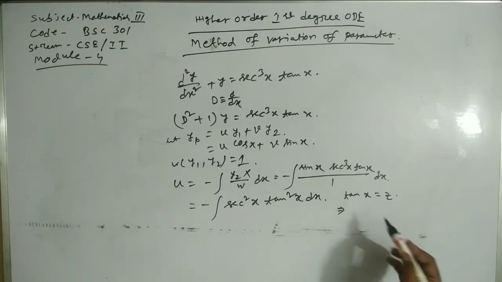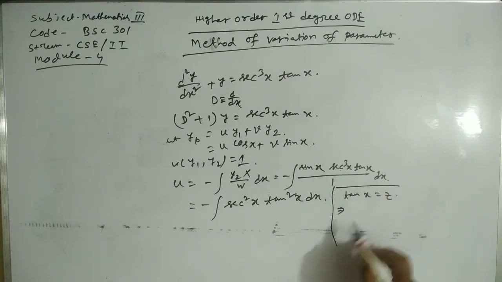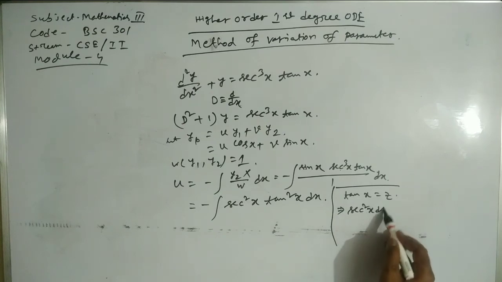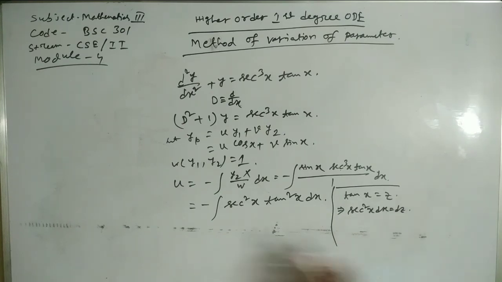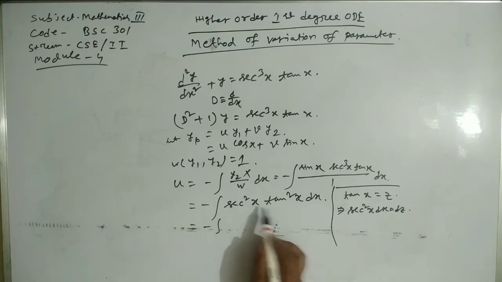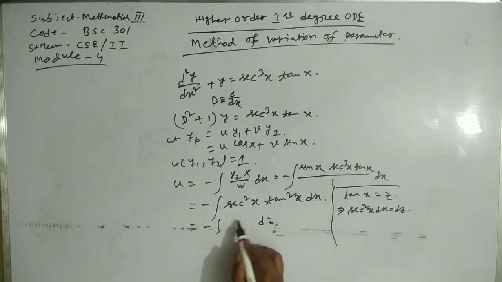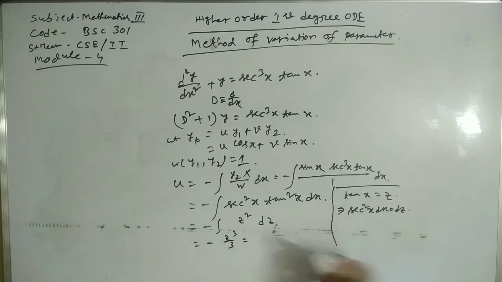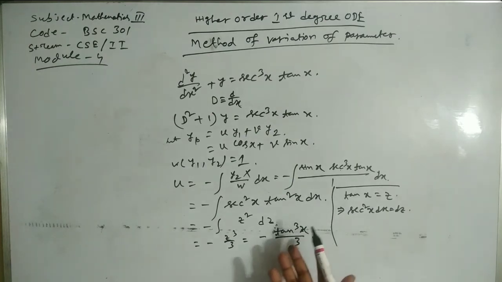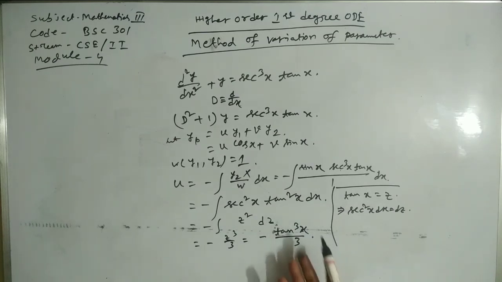Differentiating both sides, sec square x dx equals dz. So this will be z square dz, which equals z cube by 3, and putting the value of z, it is minus tan cube x by 3. So we got the value of u as minus tan cube x by 3.